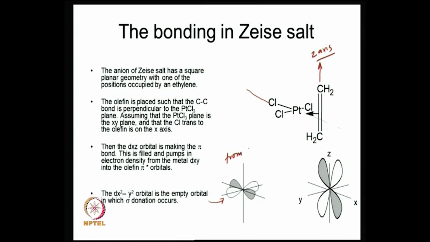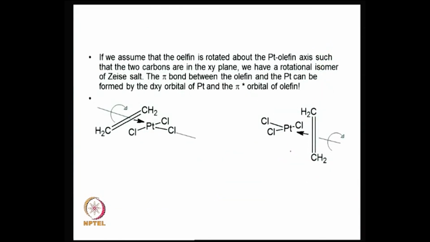From the pi of the olefin, electron density flows into this, and from the dxz it flows into the pi star orbital of the ethylene. I hope you can appreciate this dual interaction that stabilizes metal olefin complexes very significantly. And as I mentioned earlier, you do have a barrier to rotation.